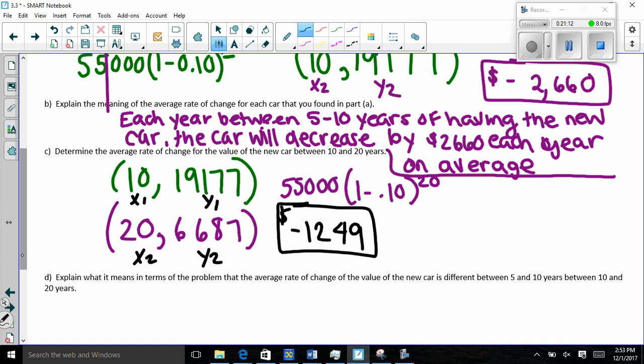The first, the 5 to 10 year mark, it was changing a lot more, $2,600, while the last one decreases less value later on.